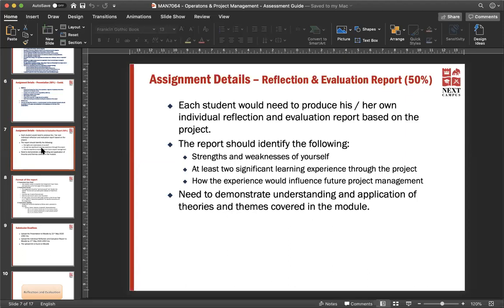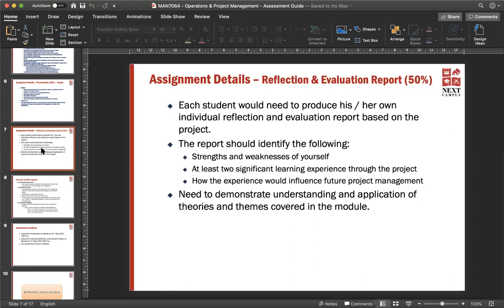Now, remember, many students start writing the project per se. This is not a project report. This is not a place where you describe and discuss what you have already done in your presentation.